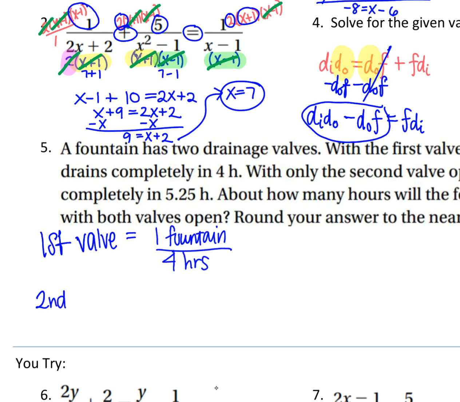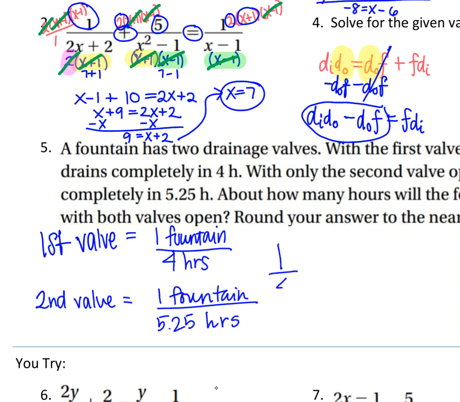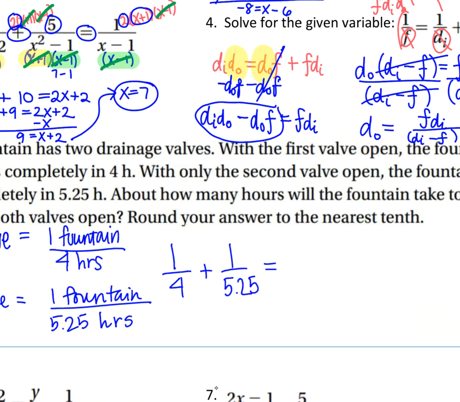The second valve would be one fountain in 5.25 hours. Okay. If we add those together, if they're working at the same time, take 1/4 plus 1 over 5.25, and we're going to say it equals one fountain in x hours. X is the amount of time it takes for them both. Make that better. Okay, so it's a rational equation.